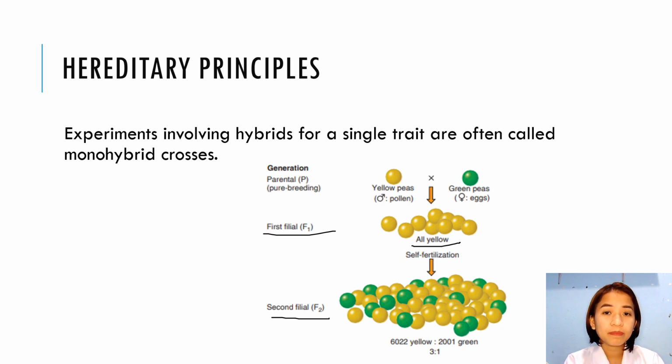The gene for pea shape has round and wrinkled alleles. Individuals having two different alleles for a single trait are monohybrids. By the way, in his experiments, this involves hybrids for a single trait, which we now call monohybrid crosses.